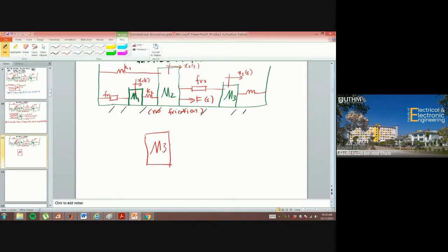This is M3. Okay, M3. Okay, the force of M3 due to the motion of M3 itself. We have FV2 s times S3(s), right? What else?